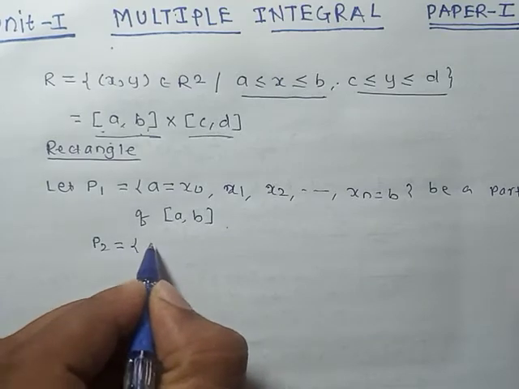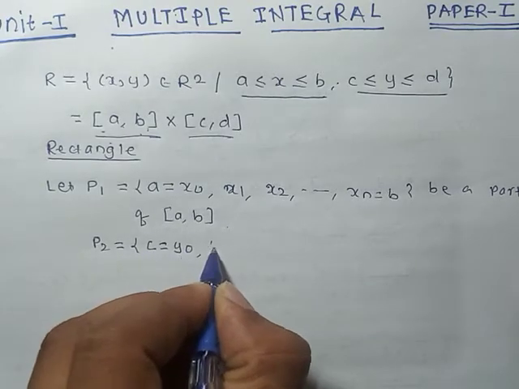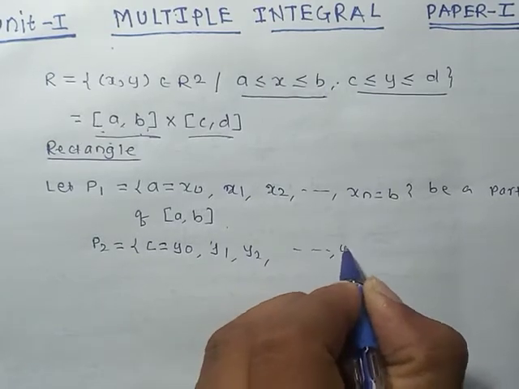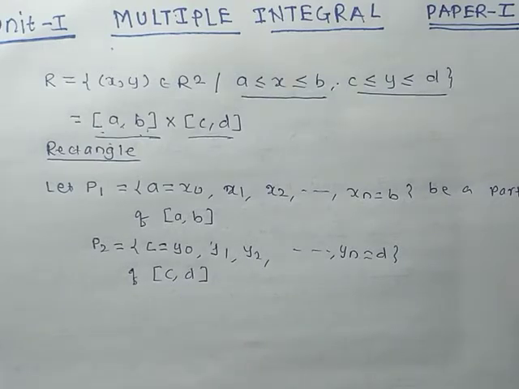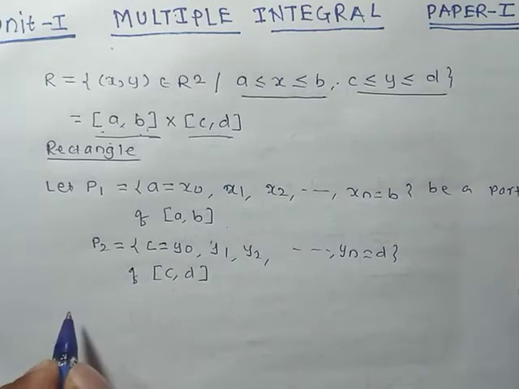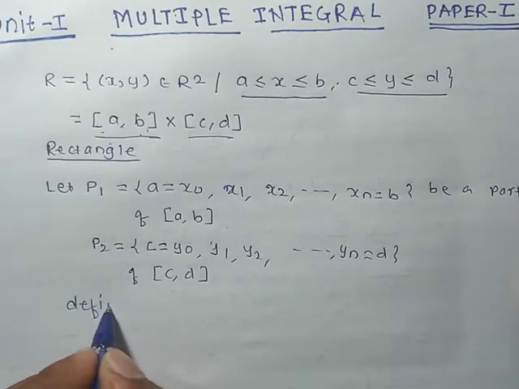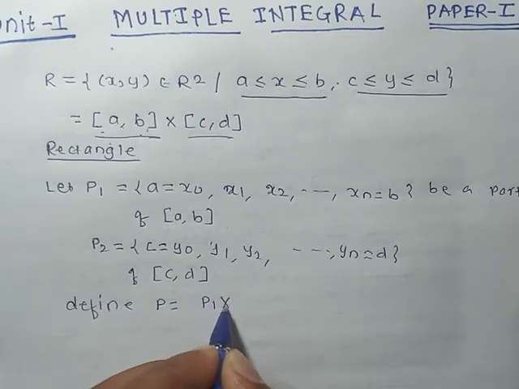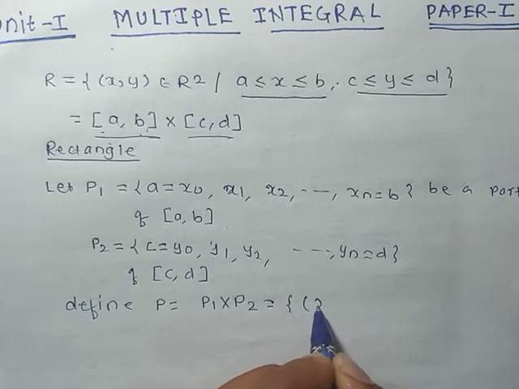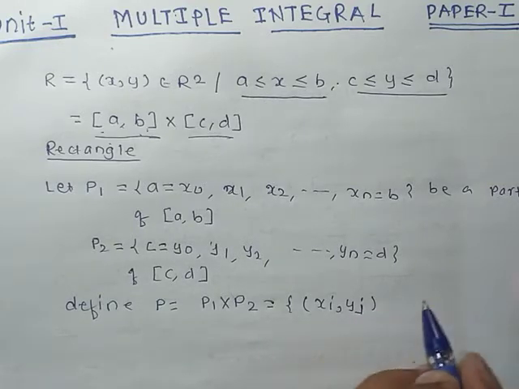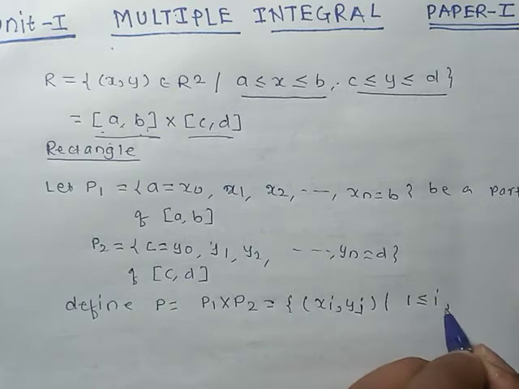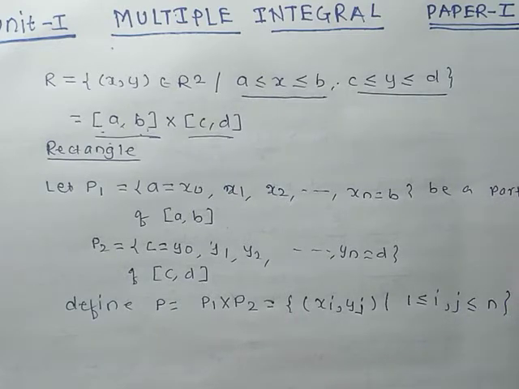And P2, with c = y0, y1, y2, and so on up to yn = d, be a partition of the closed interval [c, d]. Then define P = P1 cross P2, which is the set of points (xi, yj) such that 1 is less than or equal to i, j, which is less than or equal to n.